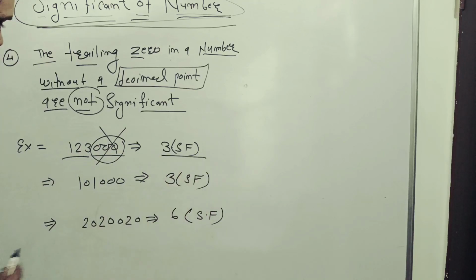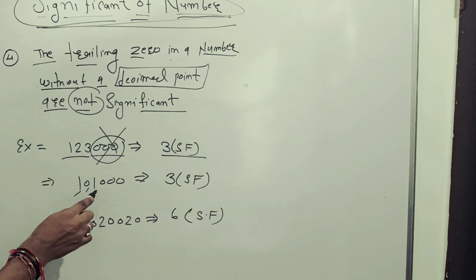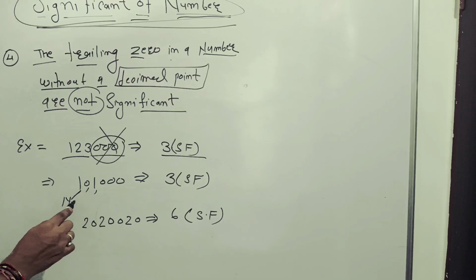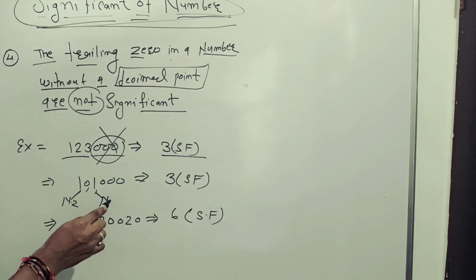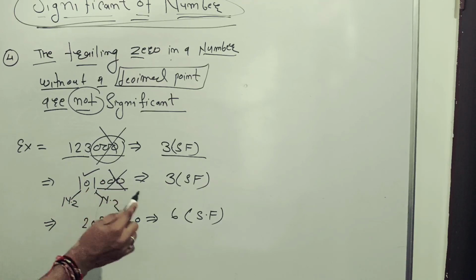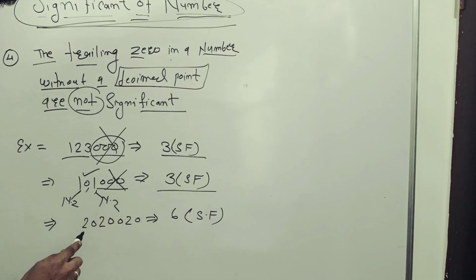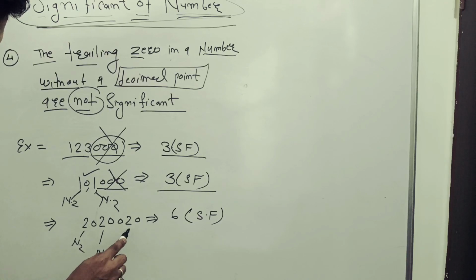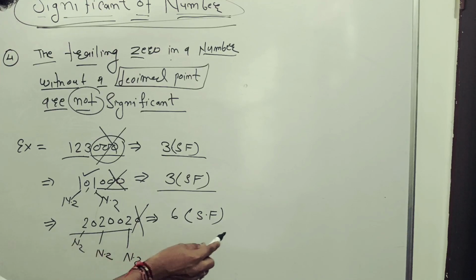The significant figures are 3. 1010: the 1 is non-zero, the zero between the non-zeros is considered, and the trailing zero is not considered, so it is 3 significant figures. 222000: 2 is non-zero, 2 is non-zero, 2 is non-zero. The trailing zeros are not considered. The significant figures are 6.